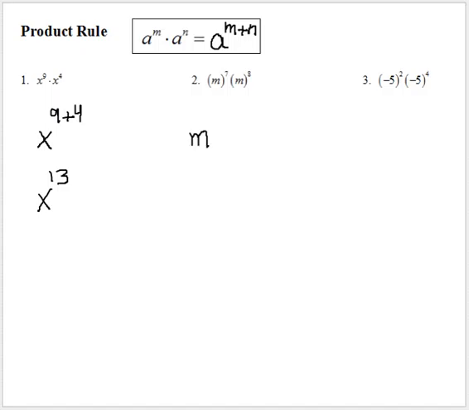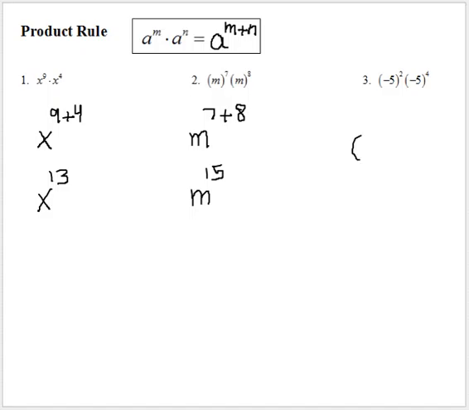Okay, Barbara, how about the next one? That would be m to the power of what? Yes, that would be 7 plus 8. So we have m to the power of 15. Okay, Cassandra, how about the next one?